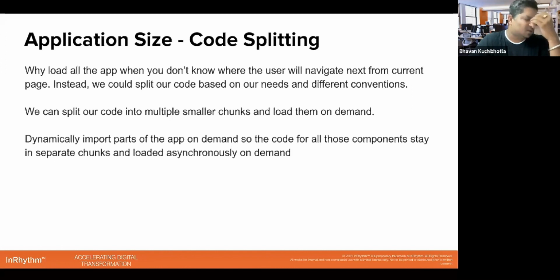Single page applications, as we already spoke, are generally bundled into one big file, or one or two or three, very few big files. So the idea here is to split this one big file into smaller chunks, like super small chunks, or in different conventions we do it differently. But the idea is breaking that big chunk into smaller chunks and loading them only when they are required.